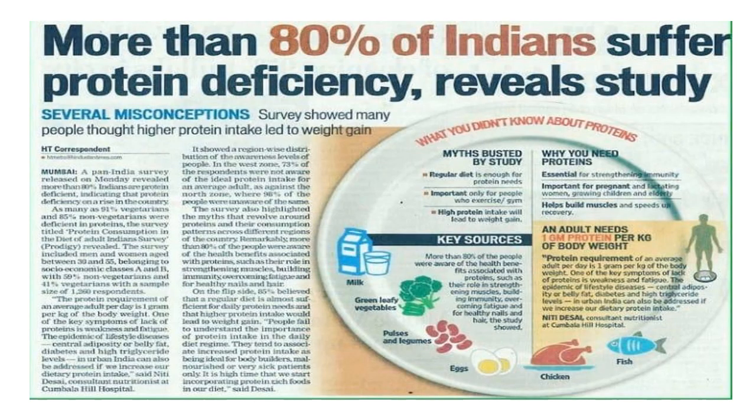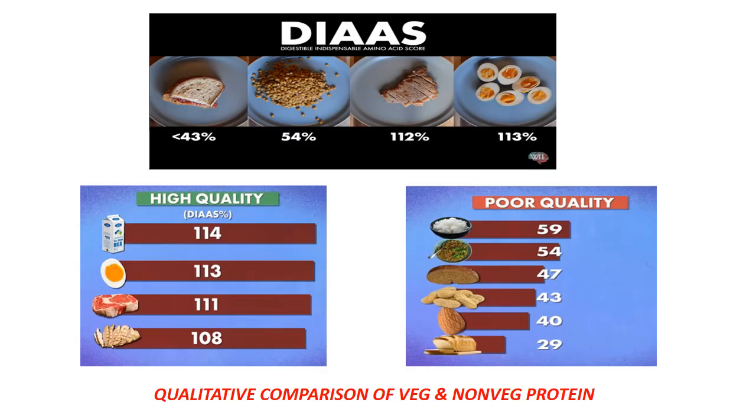Here we will discuss foods from plant origin and animal origin in comparison, based on protein quality. Earlier I mentioned that proteins from plant origin are comparatively lower in quality than proteins from animal origin, mainly because of the availability of protein with digestibility and essential amino acids.